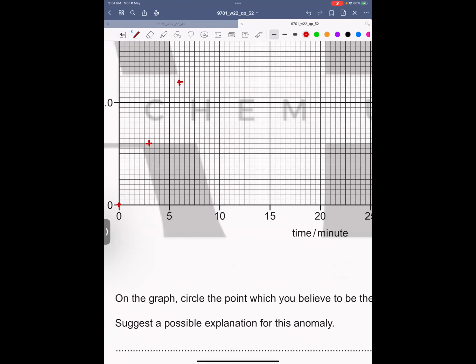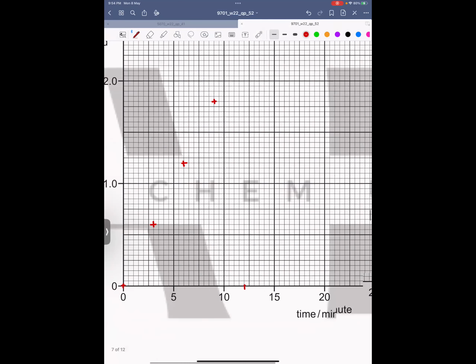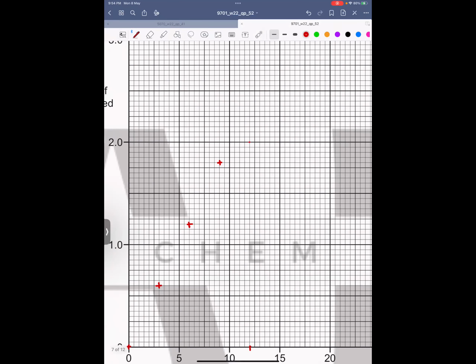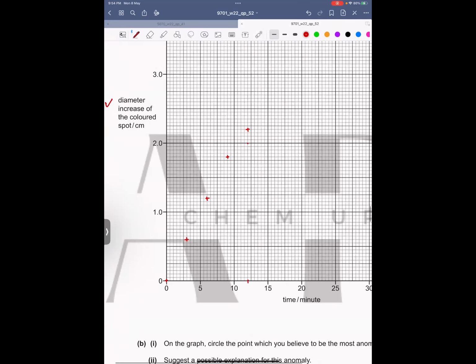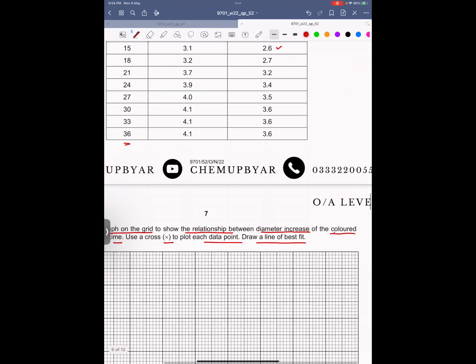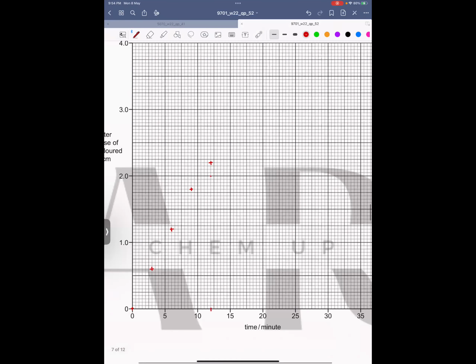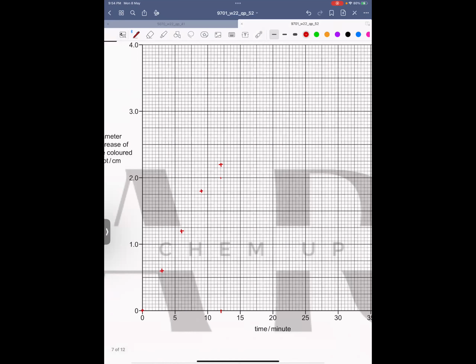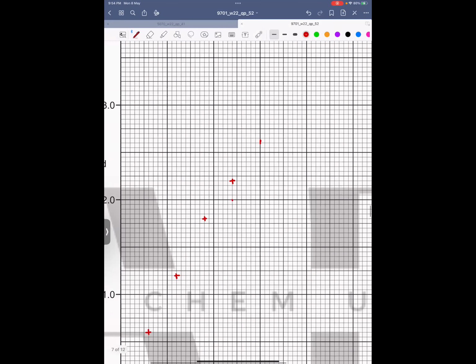So 12 is over here, and 2.2 would be here. Then 15, 2.6.